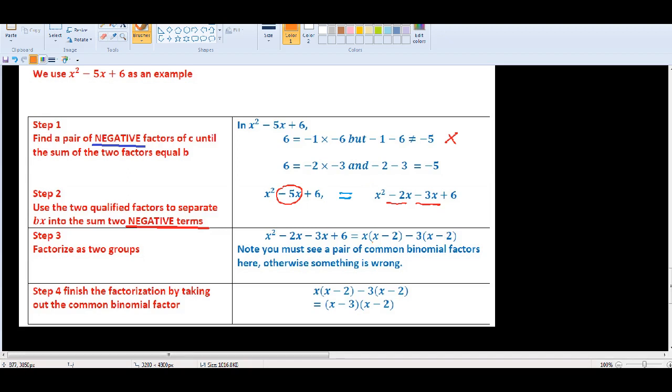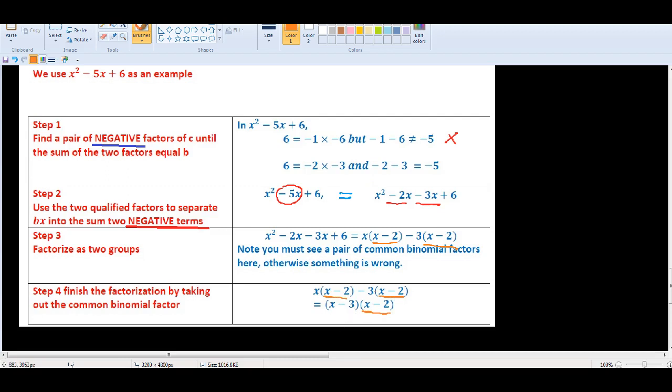After doing that, you will see 2 binomials which are identical, so they become a common factor. So what you need to do now is take out that common factor, which is x minus 2, and what is left behind will be x minus 3, right?